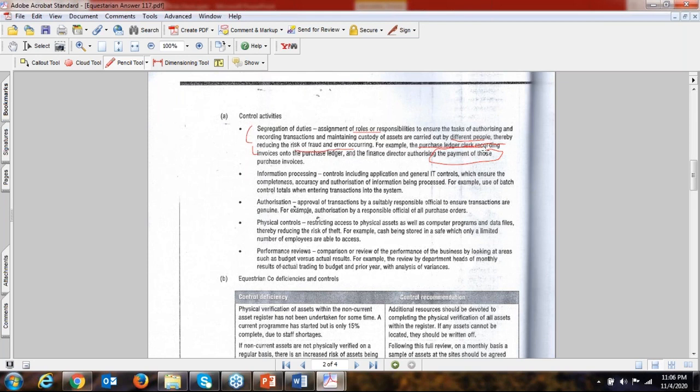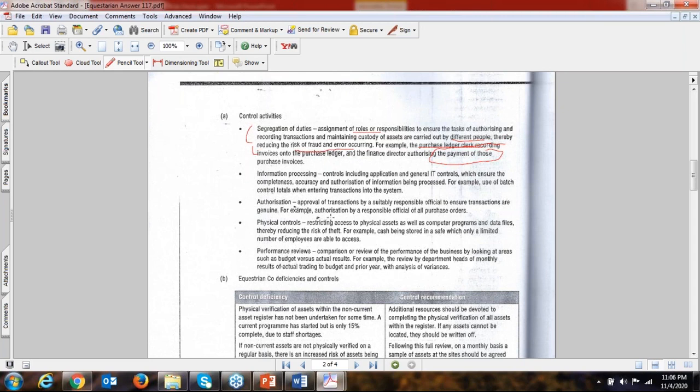So the second control activity is authorization: approval of transactions by a suitable responsible official to ensure that transactions are genuine. So there is one person who is responsible for the authorization of anything, authorization of persons, authorization of invoices.